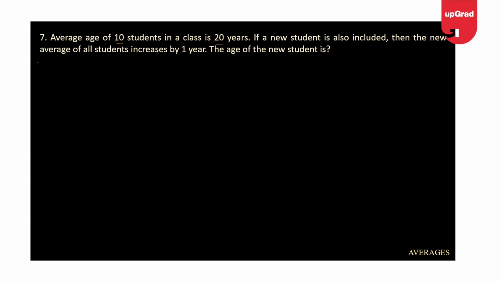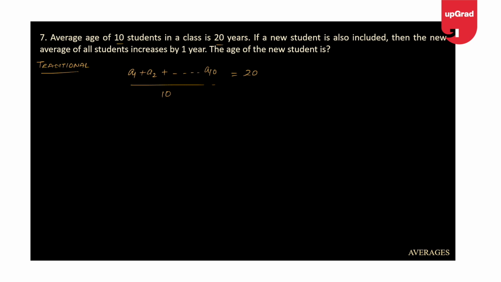If we go by the traditional method, let me explain it to you in the traditional manner. I would say that age of first student, age of second student, and likewise age of 10 students divided by 10 is given as 20 years.